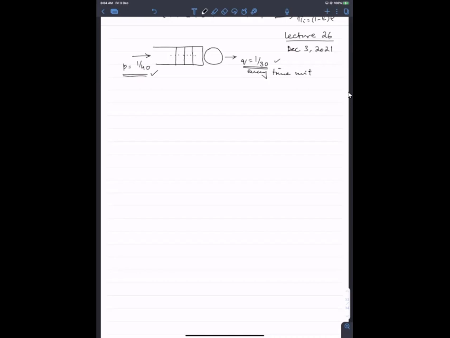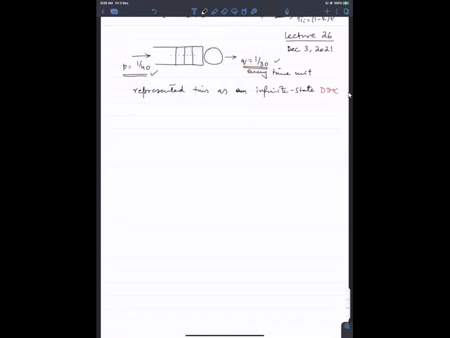So last time we did some analysis of this queue. We represented this as an infinite state discrete time Markov chain, DTMC.